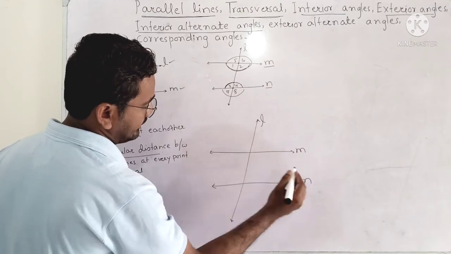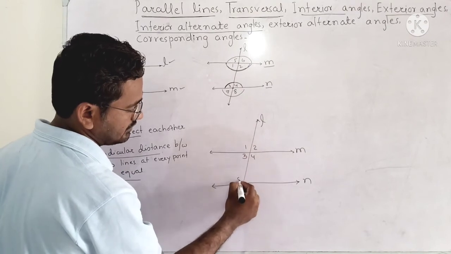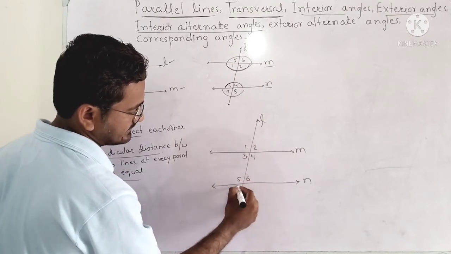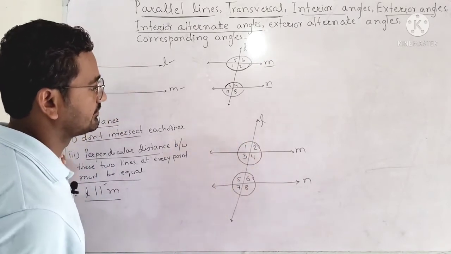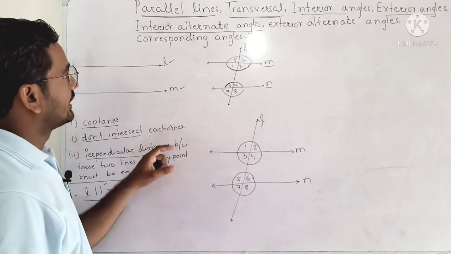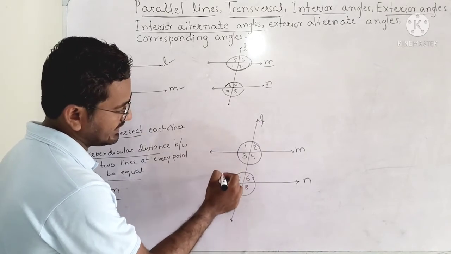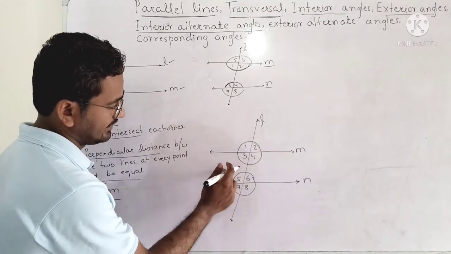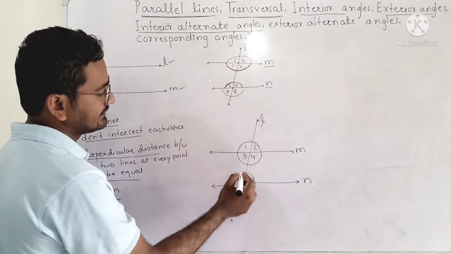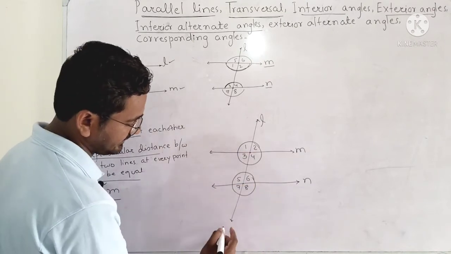Angles 1, 2, 3, 4, 5, 6, 7, 8: in this way 8 angles are formed. Interior alternate angles are those which lie inside of these parallel lines. And alternate angles means they have different vertices.